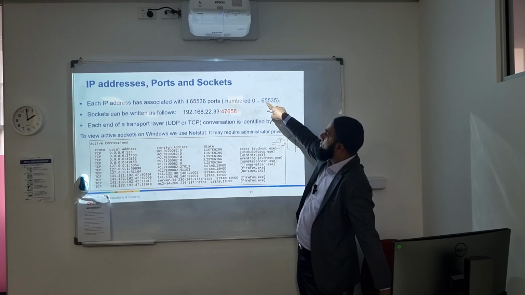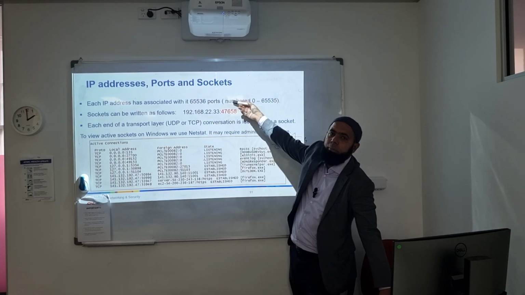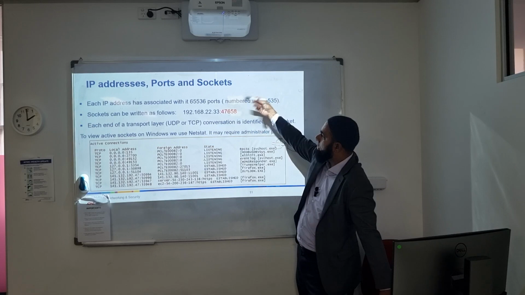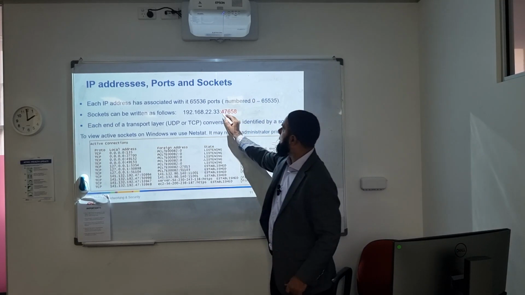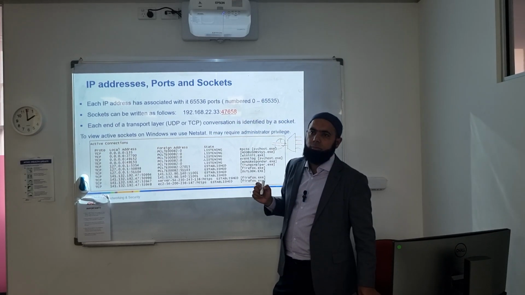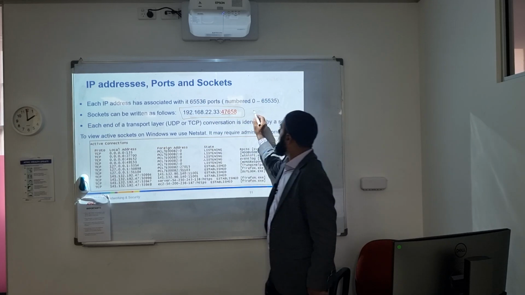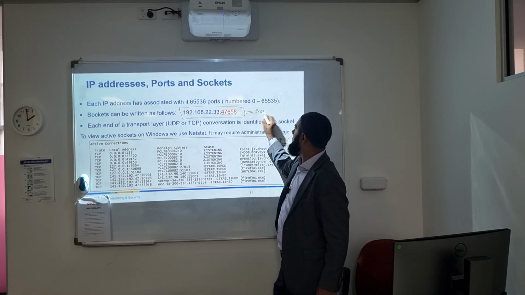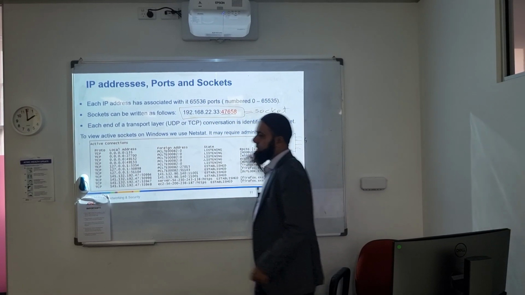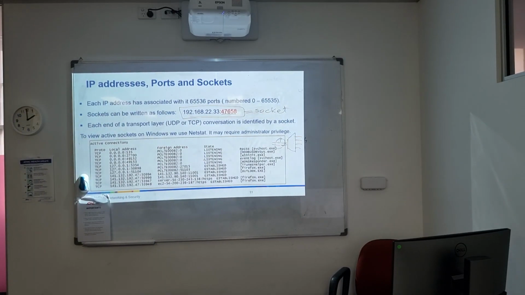Each IP address is associated with 65,536 ports, and the way to write it is putting a colon and then the port number. So this complete thing is known as a socket. When I say the word socket in the future, you know it should have two things: one is the IP address and the second is the port number.